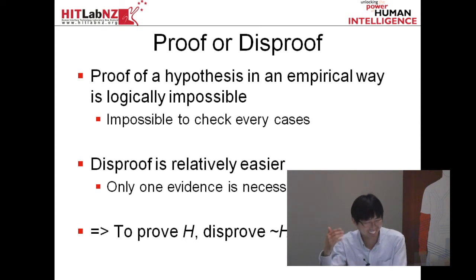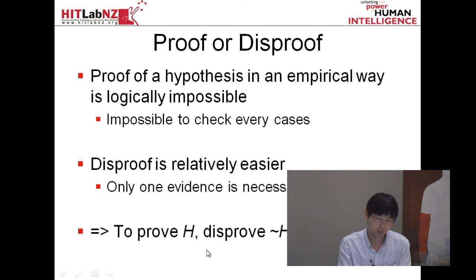I don't want to get into this dispute, but anyway, if you want to prove that in an empirical way, the only way to do it is to check the whole population, right? But it's much easier to disprove it, because if you find one person not having black hair, with only one piece of evidence you can disprove the statement. To prove it, you'd have to check that it's always the case. So in that sense, it's easier to disprove something than to prove something.